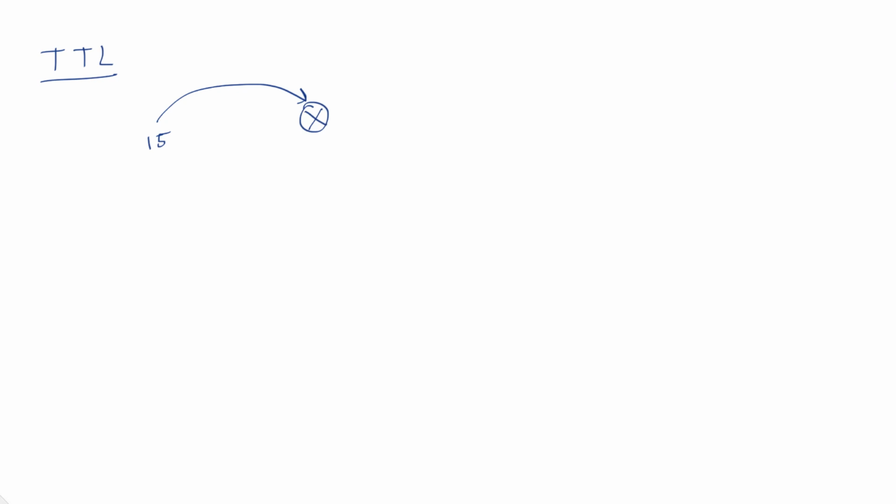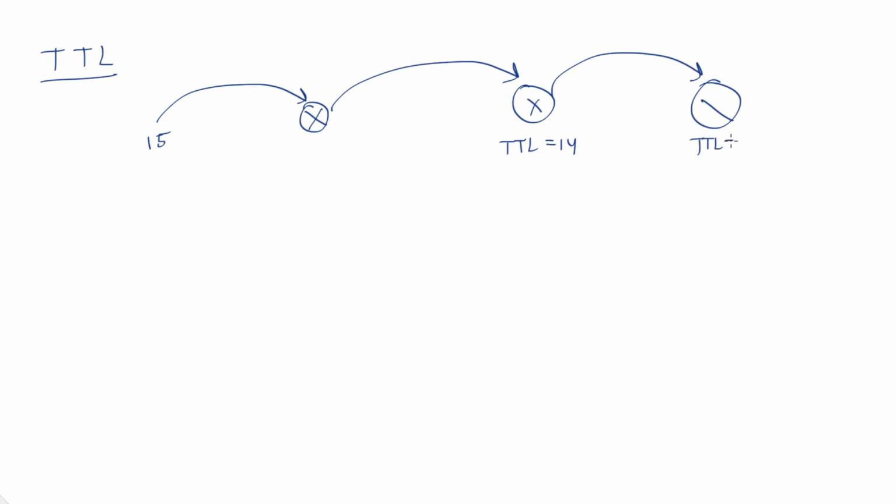This router will decrement it and send the packet with the TTL value equal to 14. Then it will send the packet with the TTL value equal to 13. So the packet now has a TTL value of 13, and once the packet leaves the next router, its value will be decremented to 12. Like that it will keep on doing.